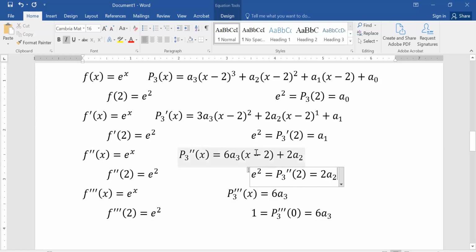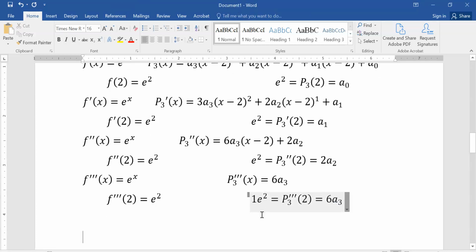And in a similar way, the third derivative is 6a3. That means e squared has to be equal to what you get when you plug in 2 into the polynomial, which is 6a3.